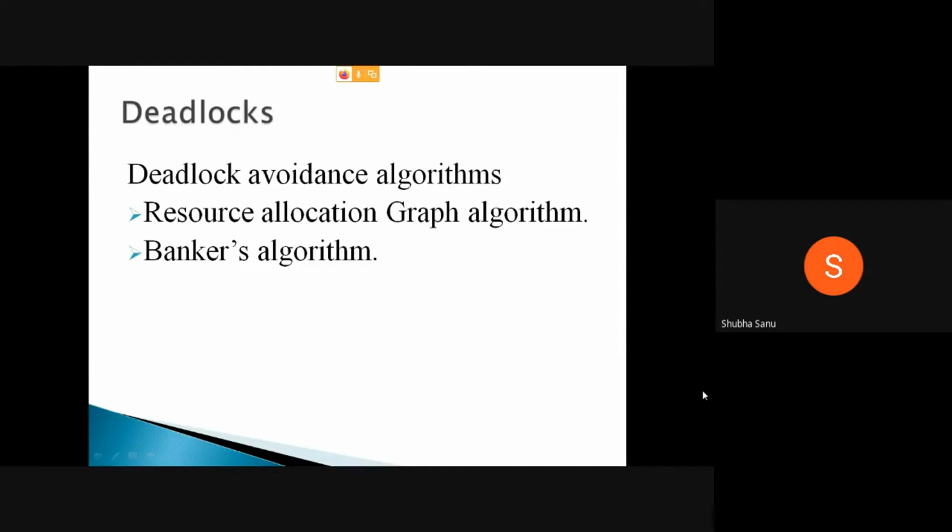And the another one is Banker's algorithm. In the Banker's algorithm, the system must give a priori information about the number of resources it may require in future. By seeing that, by applying the Banker's algorithm, we can tell whether the system enters into deadlock or not.